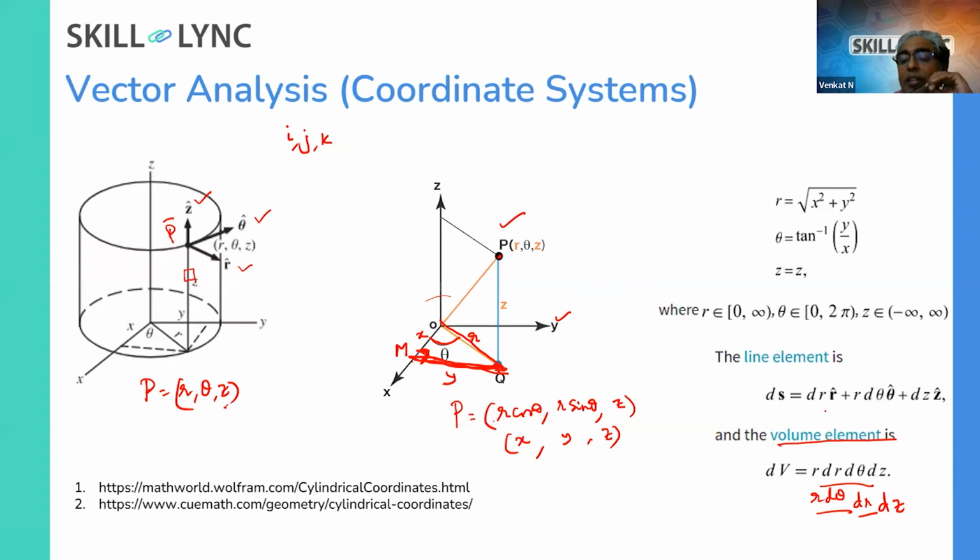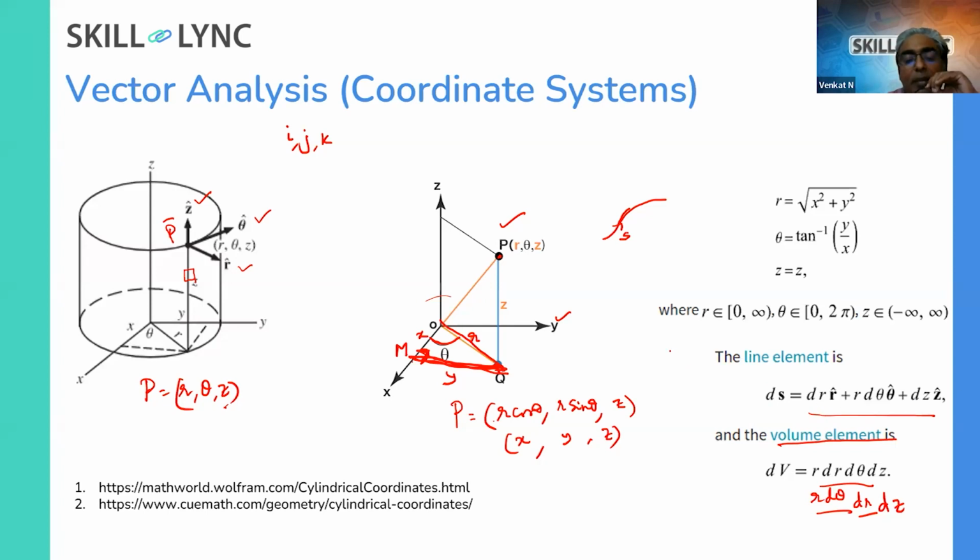Similarly, the line element is given by this expression. It can also be called the distance vector along the curve. So if you have a curve in the cylindrical coordinate system, the s coordinate is along the curve, and ds is given by this expression.